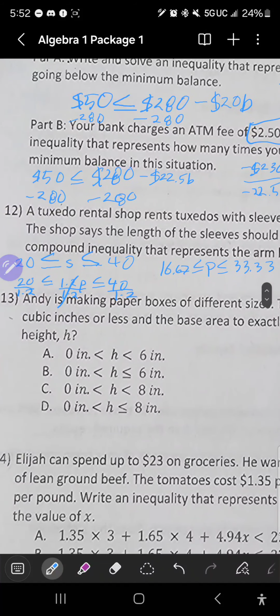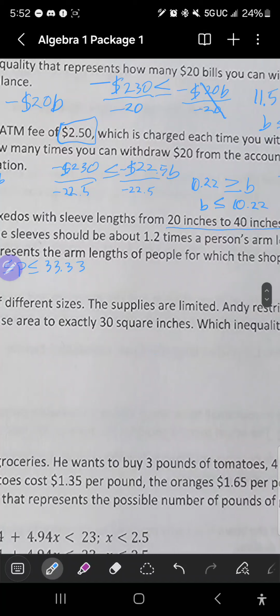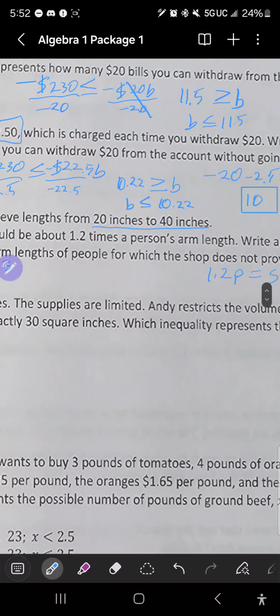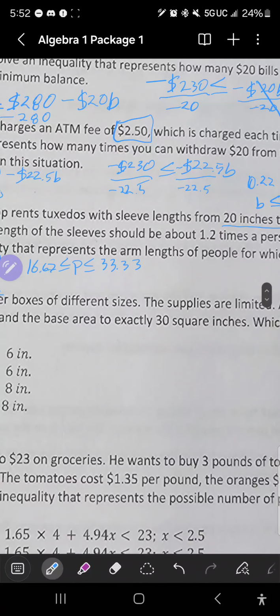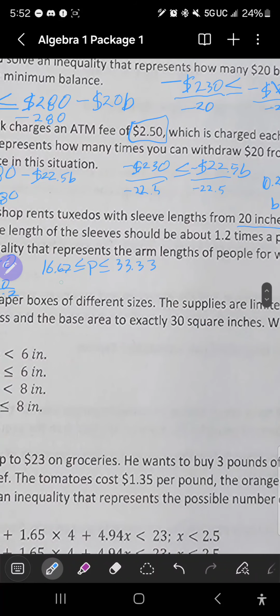So the shop rents tuxedos for people with sleeve lengths from 20 inches to 40 inches. We know that the arm length for these people needs to be between 16.67 and 33.33 for them to have the possibility to rent these tuxedos.